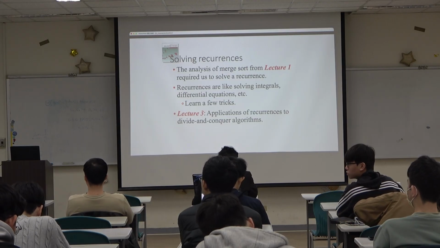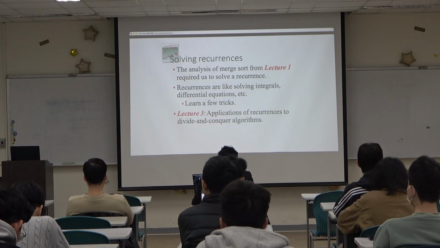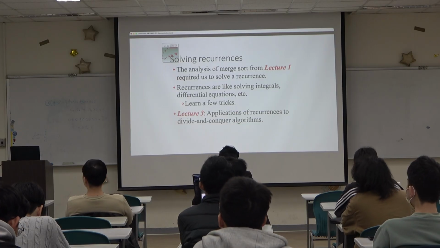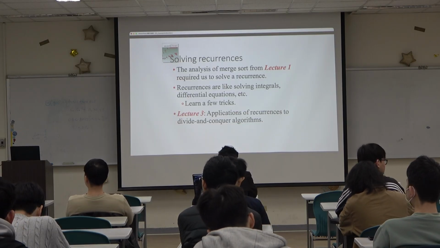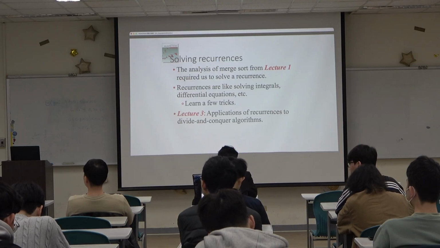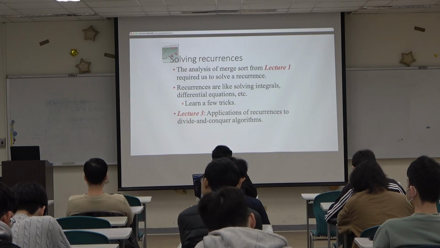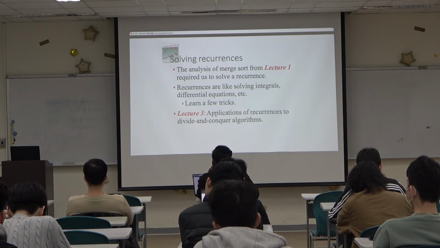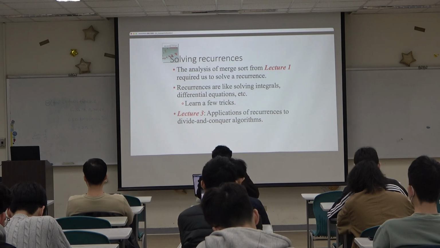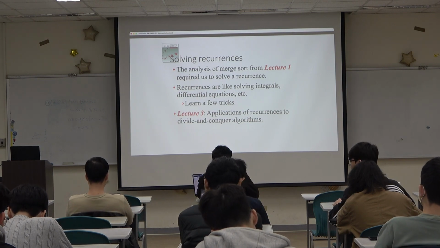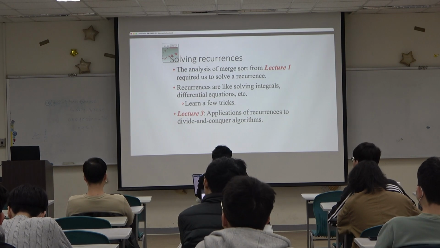Merge sort is f of n equals 2 times f of n divided by 2 plus big theta of n. That's pretty much the recurrence for merge sort.